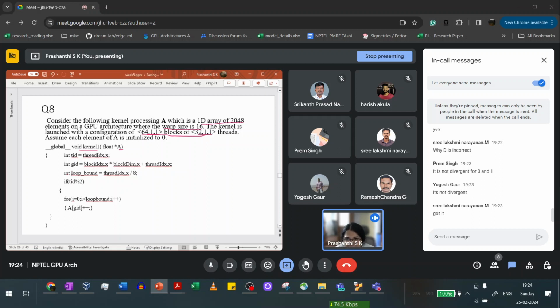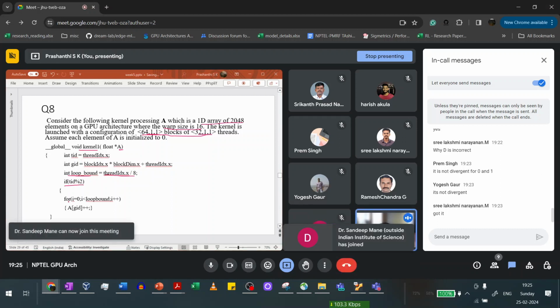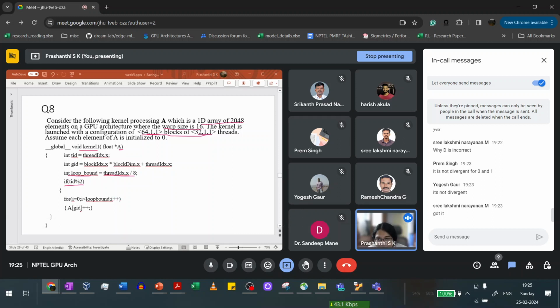Now you have another variable, loop bound, which is calculated as threadIdx.x divided by 8. And if thread id mod 2, then you have a for loop for i equal to 0, i less than loop bound, i plus plus, A[gid]++.